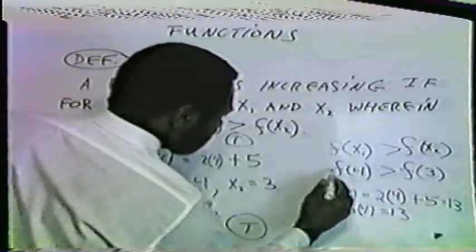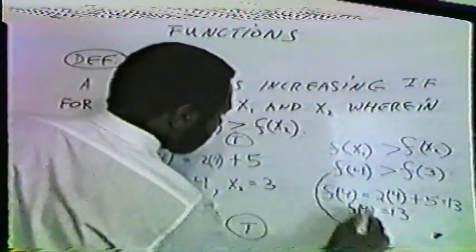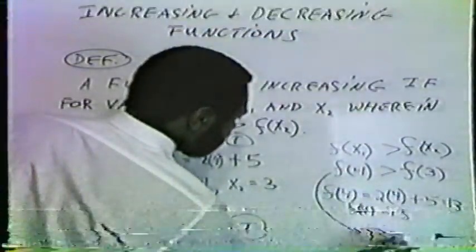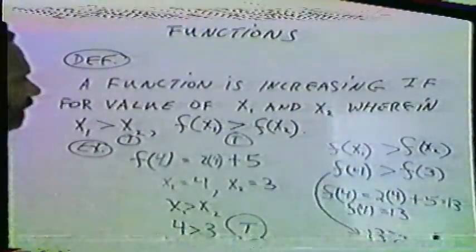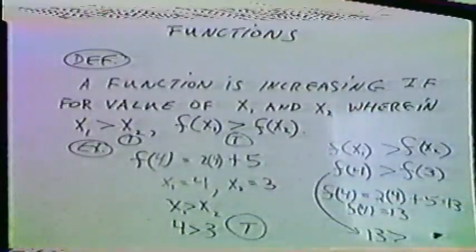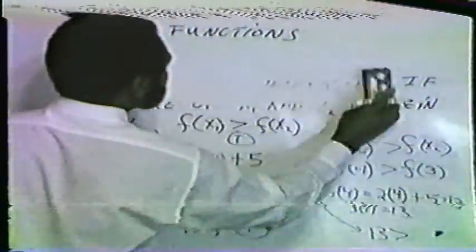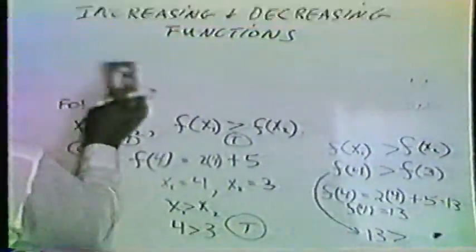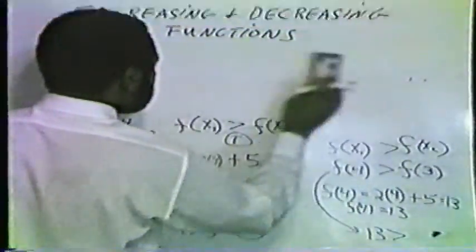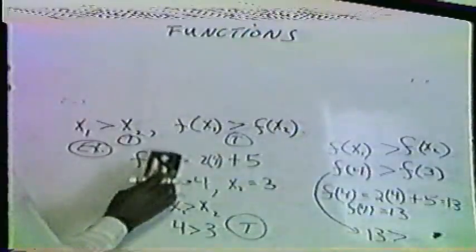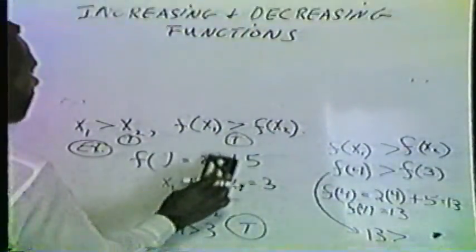So on this side of the inequality, we would have 13 is greater than, and now we have to find f of 3. To find f of 3, we substitute 3 into the original problem for x.